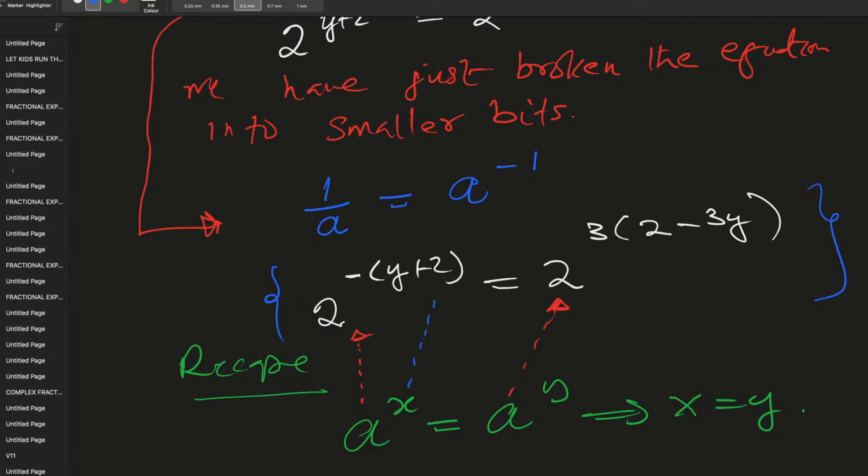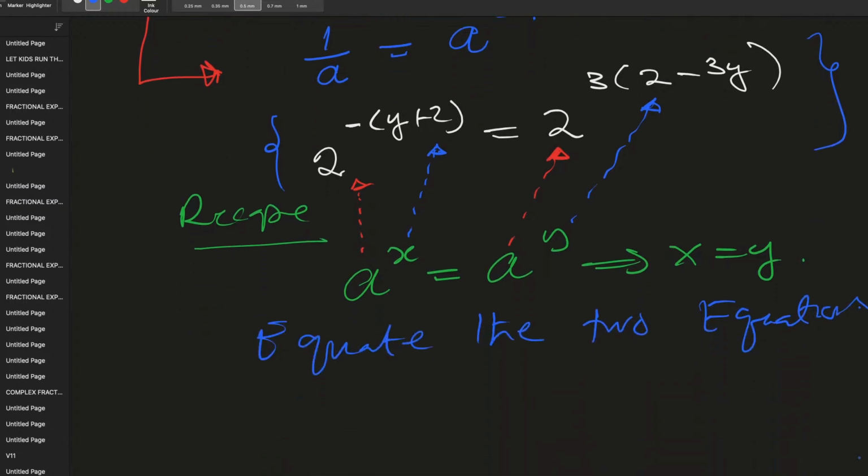So all we have to do is to equate the two exponents.